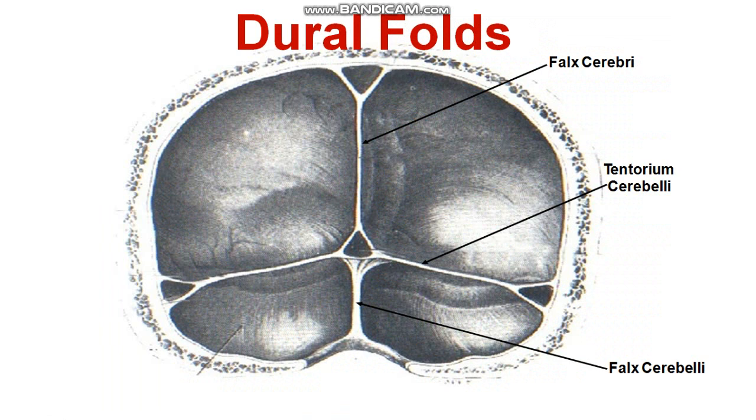In this image, the brain is removed, but the dural folds are intact, and they divide the cranial cavity into different compartments. This is the tentorium cerebelli, dividing the cavity into two parts.